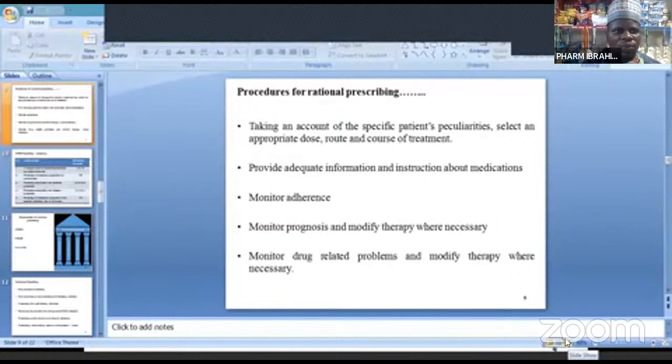Providing complete information, pharmacists should ensure that they provide complete information to the patient about his medication, including warnings, precautions, and unambiguous direction for use. The direction should be very, very clear without any element of ambiguity.